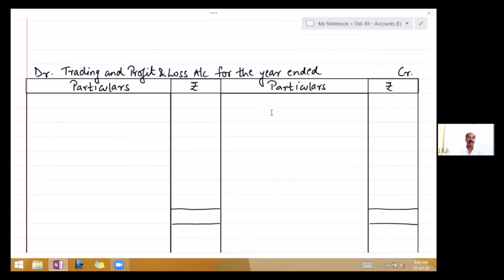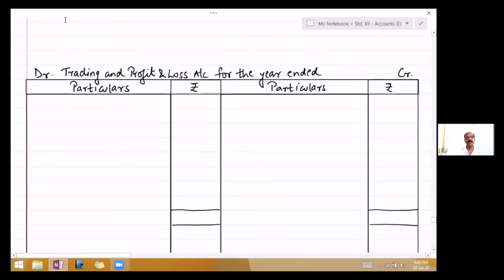So check. Trading and profit and loss account for the year ended 31st March 2010. Then the first item in the trading account, check whether you wrote opening stock. The next one, purchases. In the credit side, did you write sales?